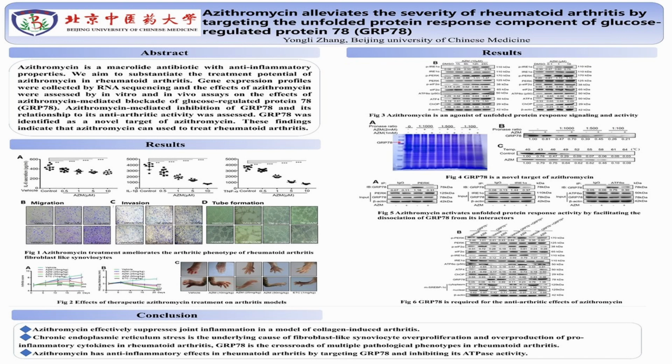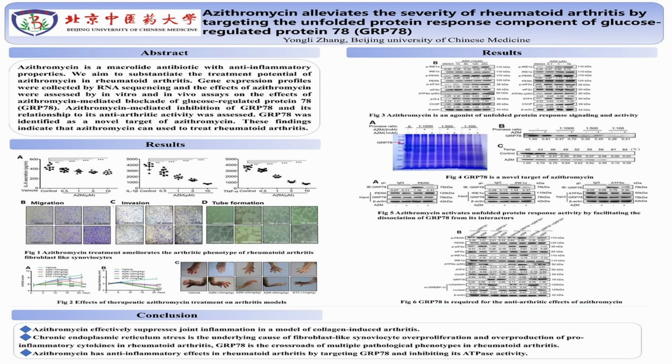It is well known that azithromycin is a kind of macrolide antibiotic with good anti-inflammatory properties. The anti-inflammatory effect of azithromycin can be ascribed to preventing oxidative stress, cytokine production, and fibrosis occurrence.